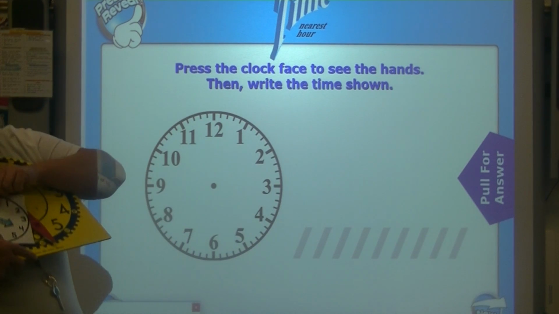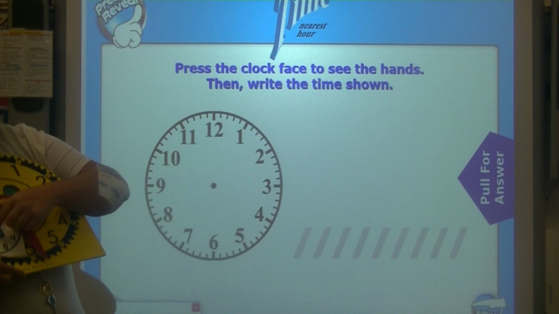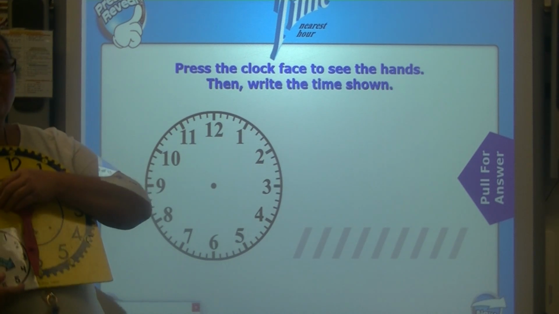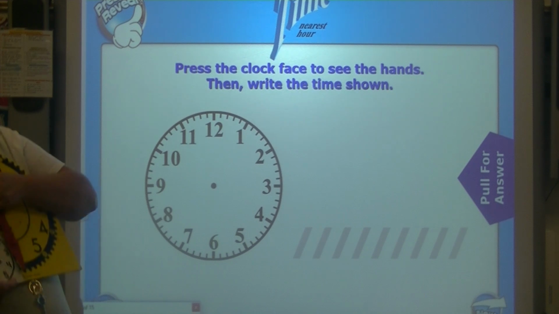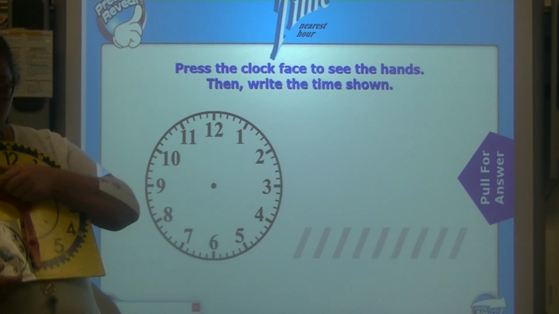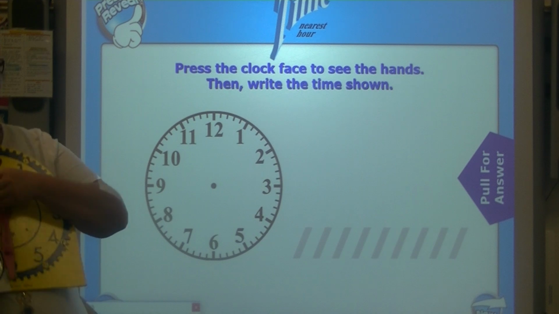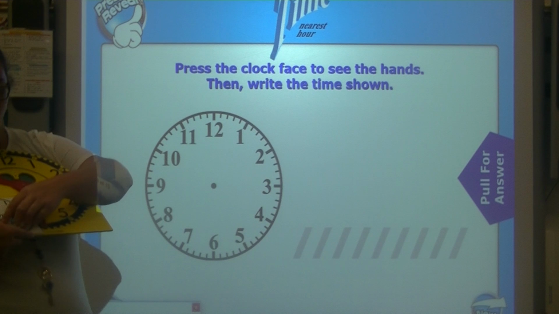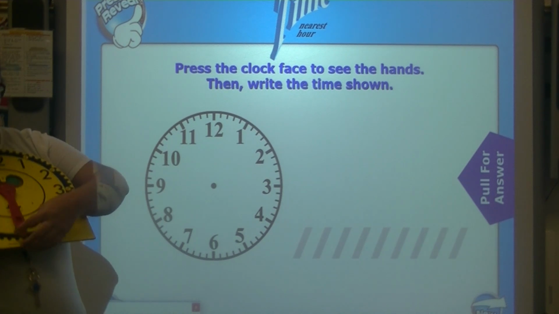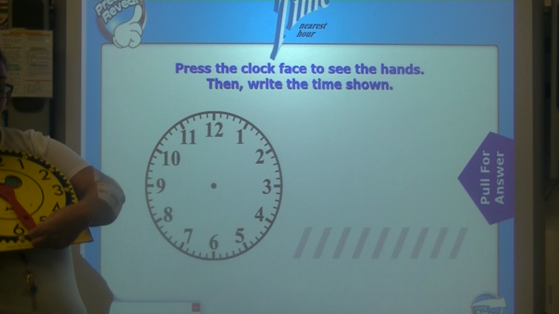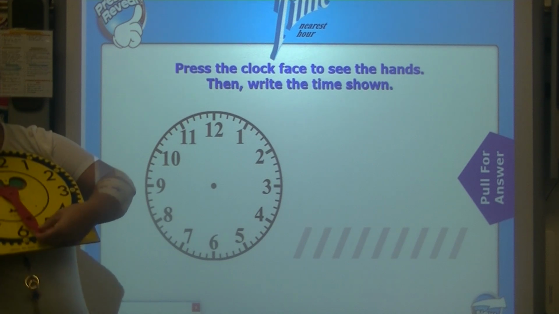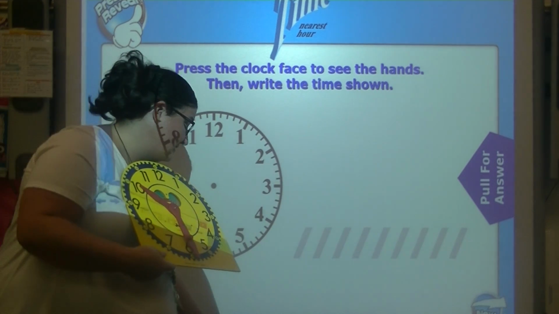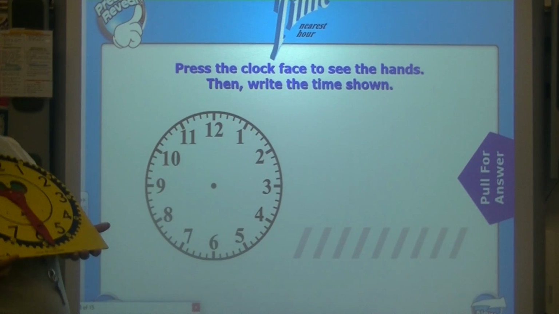It has a word on it. Your H may be cut off. That word is hour. Your short hand is your hour hand. So the short hand is going to help point to the hour it is. The longer hand, the one that reaches out and touches the numbers, is your minute hand. It tells you how many minutes past the hour it is.